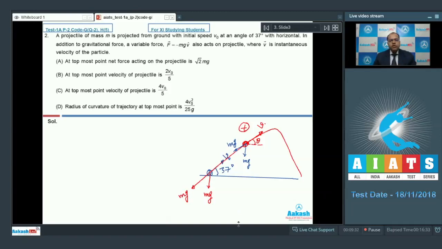I am considering this my x-axis and this my y-axis. If I find out the tangential acceleration at, it would be equal to g plus g sin theta into minus v cap.